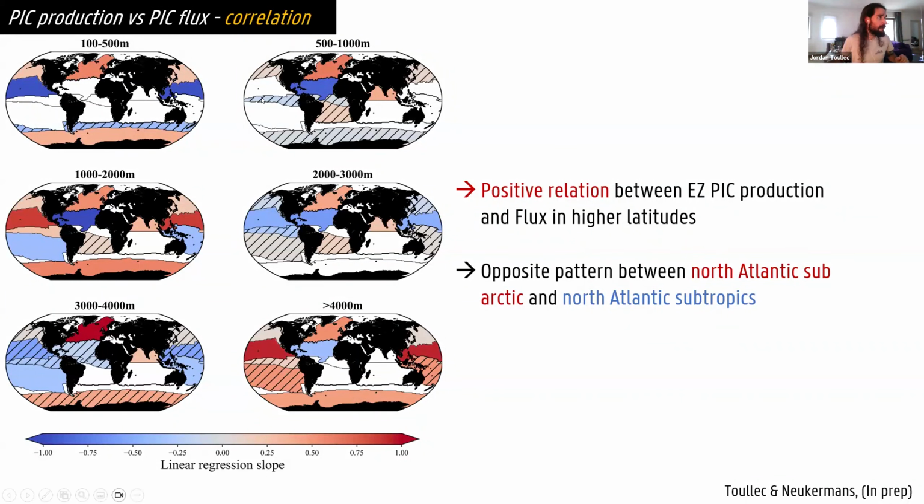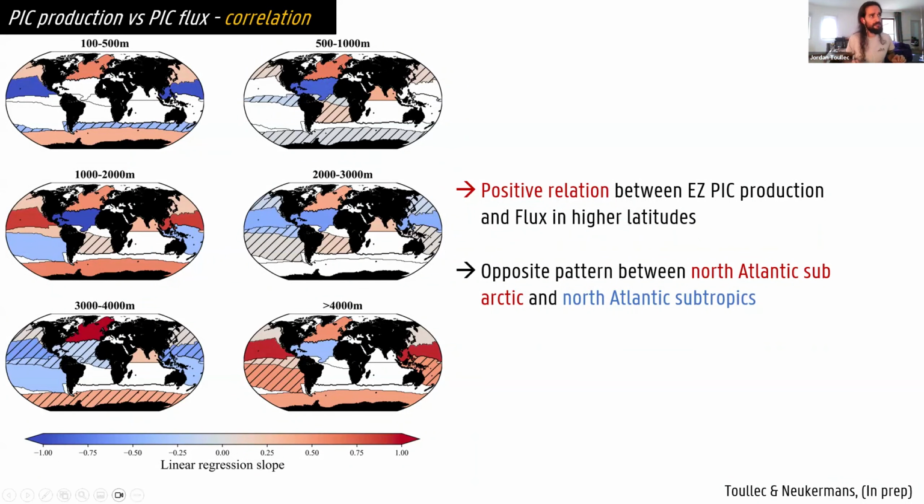And when I put hatches, it's where I didn't find any significant correlation between both variables. It's also important to note that, if you look at only the North Atlantic, we have a switch of the linear slope between the North Atlantic subarctic and the North Atlantic subtropics. So it means that we have different, opposite processes between these two areas.